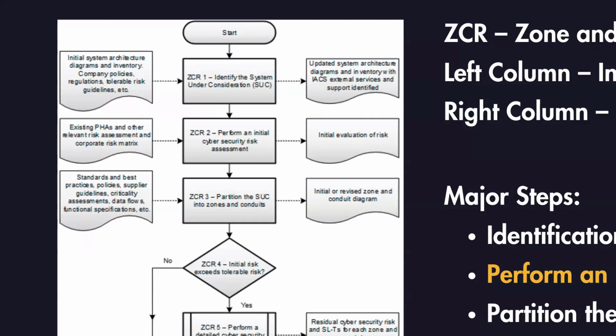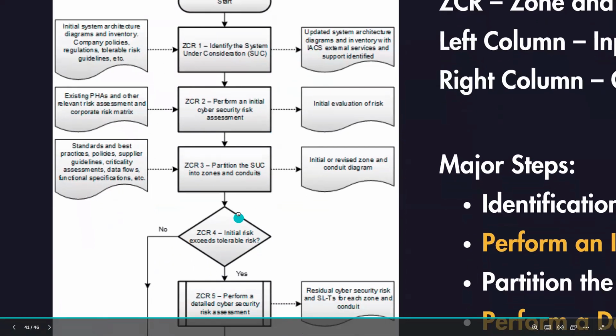Okay. Now, once you have done that, you will identify whether your initial risk exceeds the tolerable risk or not. For example, when you perform the initial risk assessment, the tolerable risk is 5, for example, or maybe it is medium.